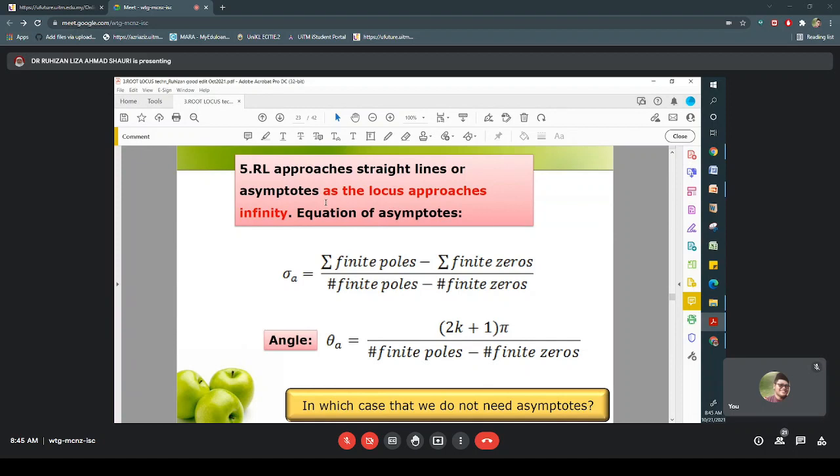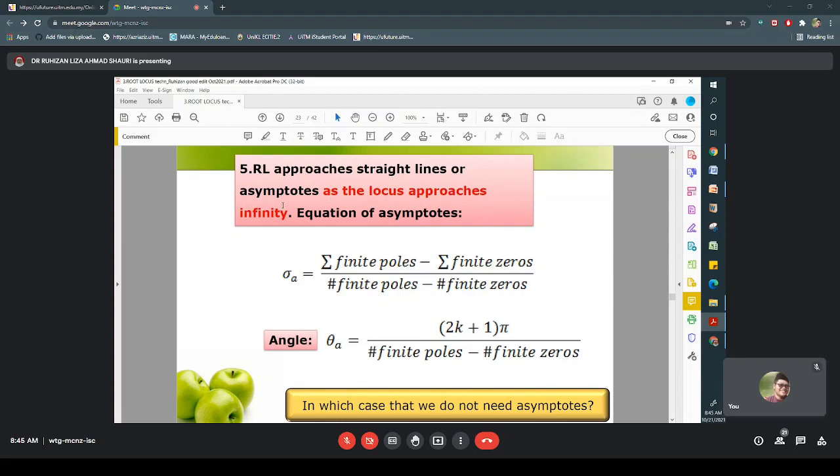When the root locus needs to go to infinity, you need to draw or get the asymptote line, so that you can use the asymptote line to guide your locus that goes towards infinity. Do you understand what I mean? When you have a root locus that needs to go to infinity, you have to calculate an asymptote line to guide it.